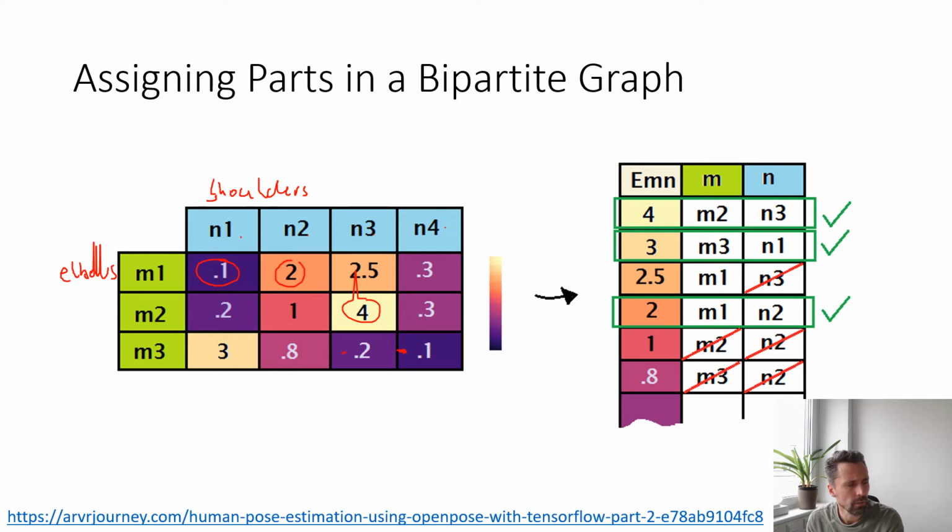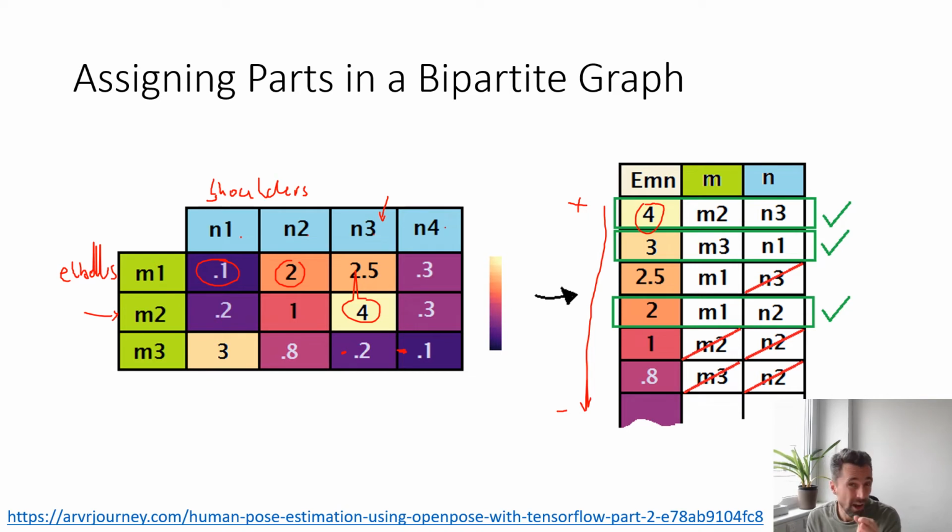Let's say that's -2, and then we can sort these from the highest to the lowest score, and so these scores correspond to certain combinations of shoulders and elbows, and now we do this greedy assignment process.